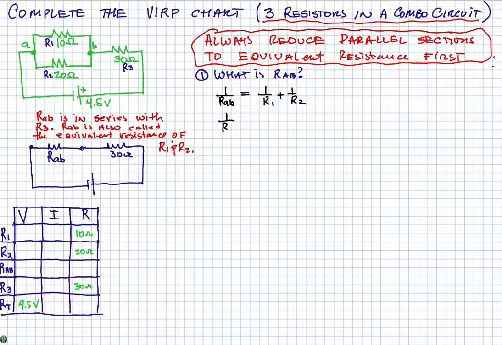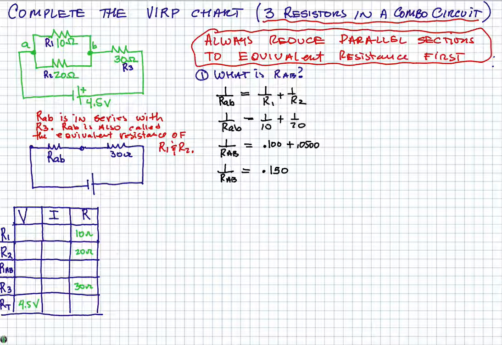So 1 over RAB is equal to 1 over 10 plus 1 over 20. So 1 over RAB is equal to 0.100 plus 0.0500, and that is 1 over RAB is equal to 0.150.